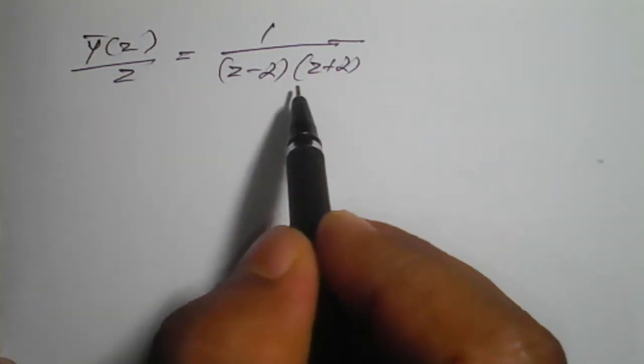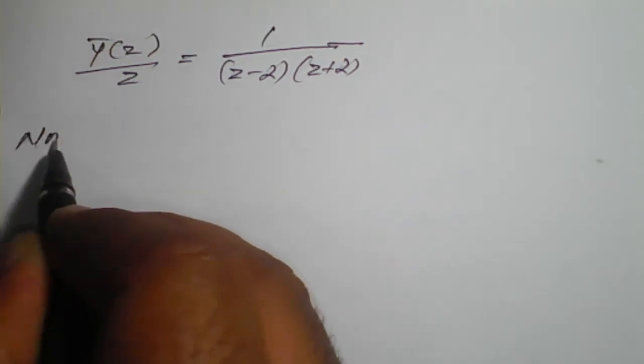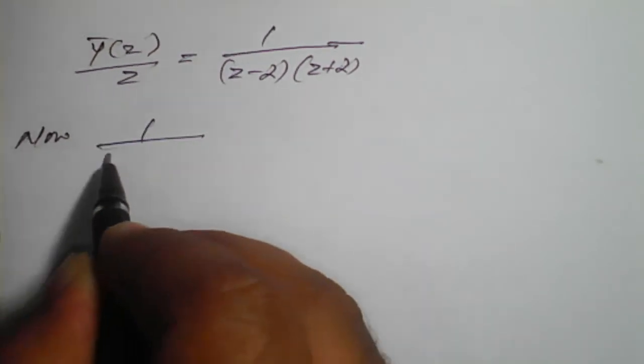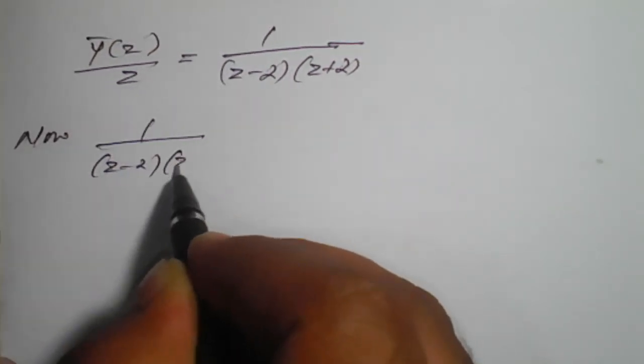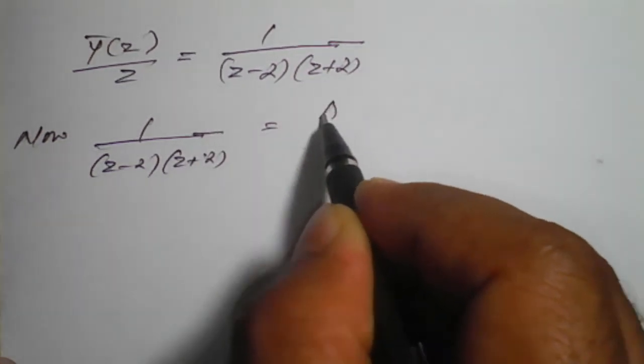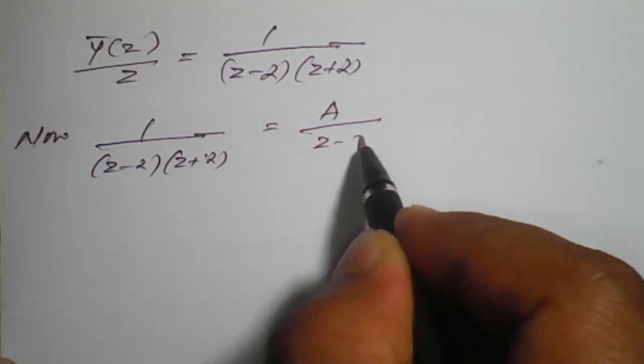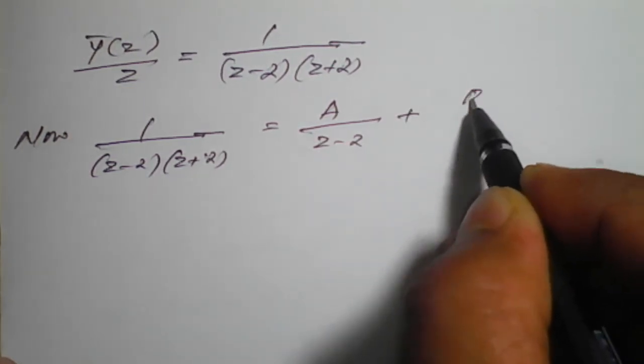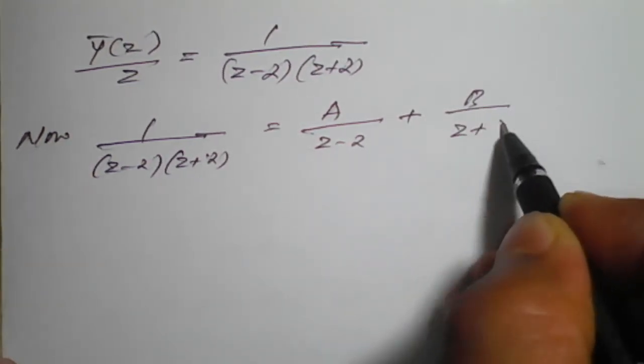So the right hand side will simplify now by using partial fractions. 1 upon (z minus 2)(z plus 2) we need to simplify, which can be written as a divided by z minus 2 plus b divided by z plus 2.